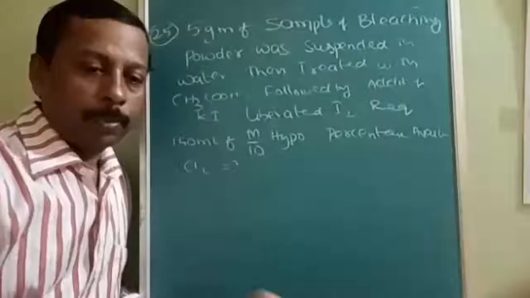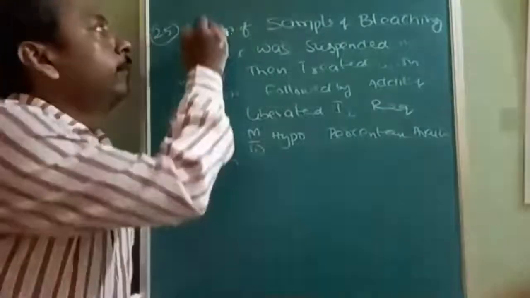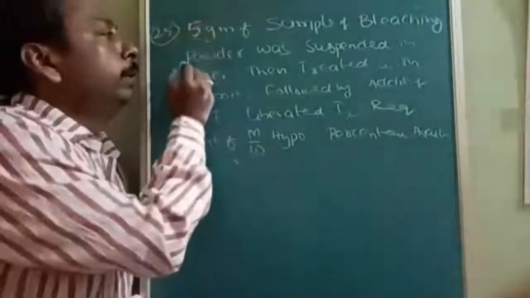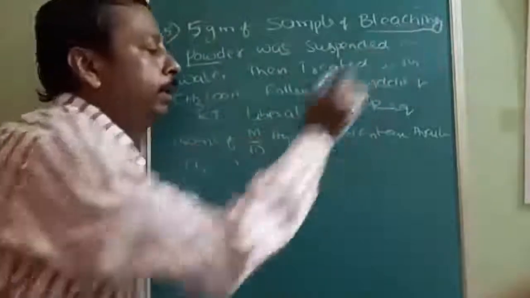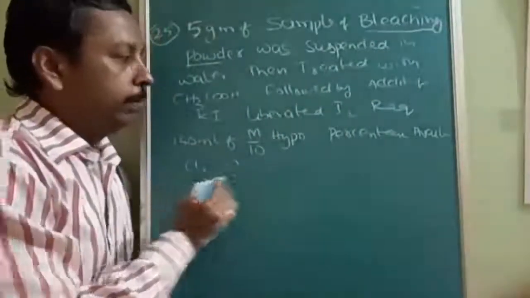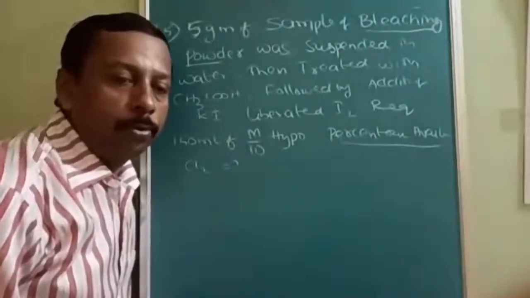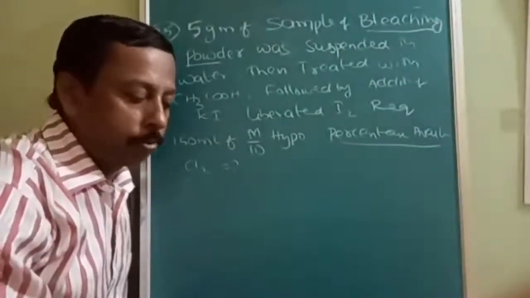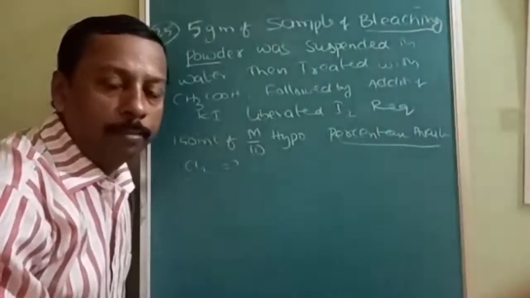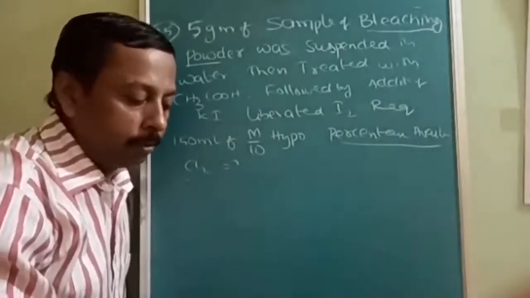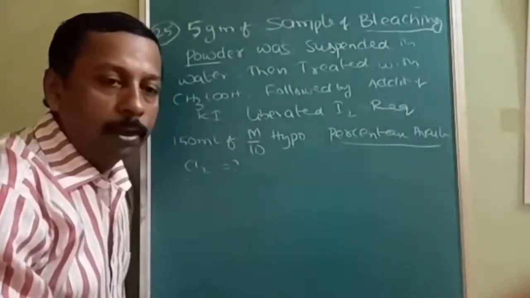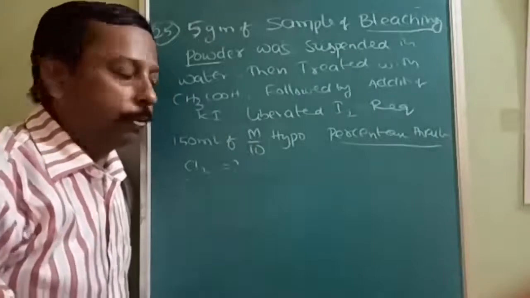Very good question from available chlorine in bleaching powder. In bleaching powder, there is a topic called available chlorine. Like H2O2 decomposes to give oxygen, bleaching powder also decomposes to give chlorine.